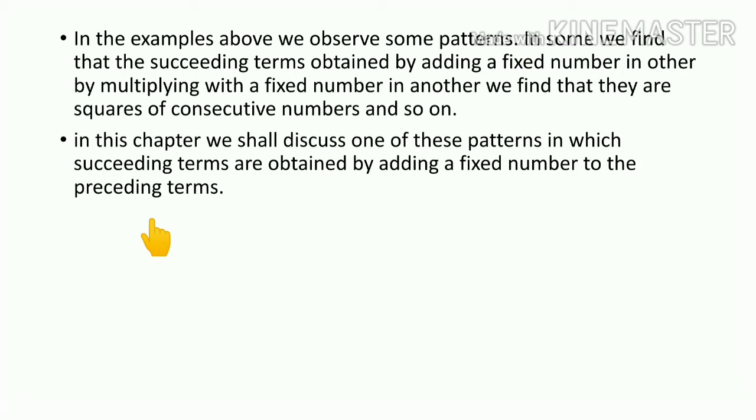So these types of sequences, these types of patterns we are going to study in this chapter, which are observed in our day-to-day life, where the succeeding term is obtained by adding a fixed number to the preceding number. Preceding means previous, succeeding means next to that.